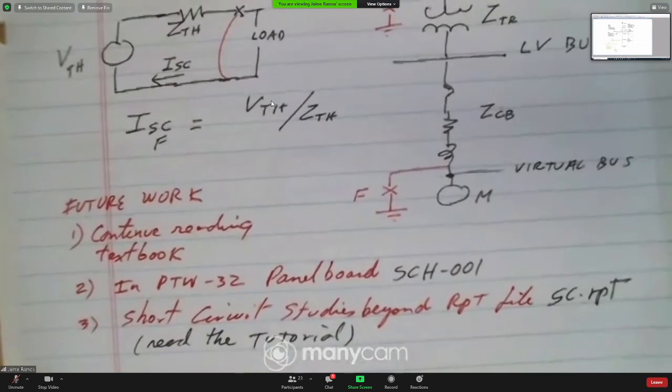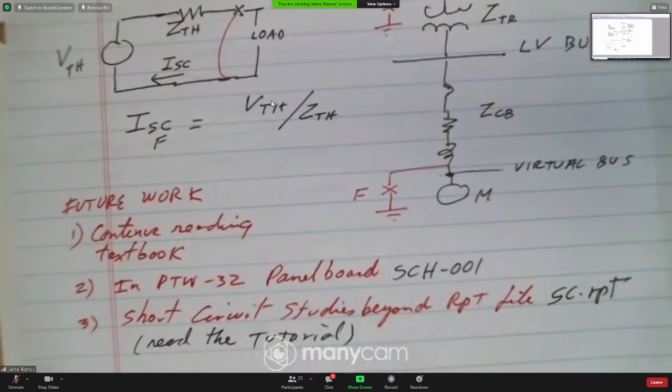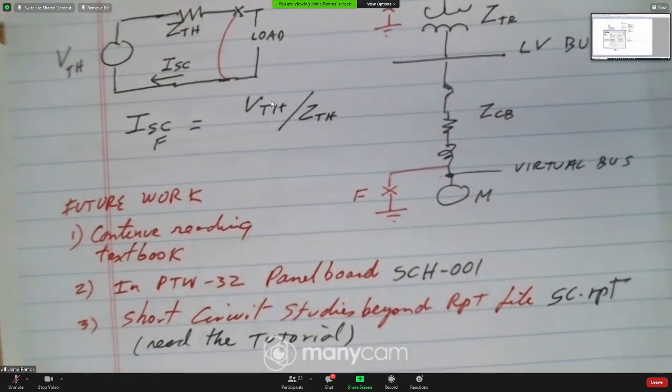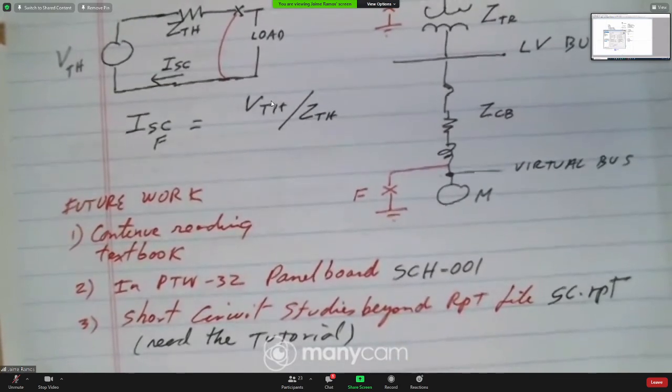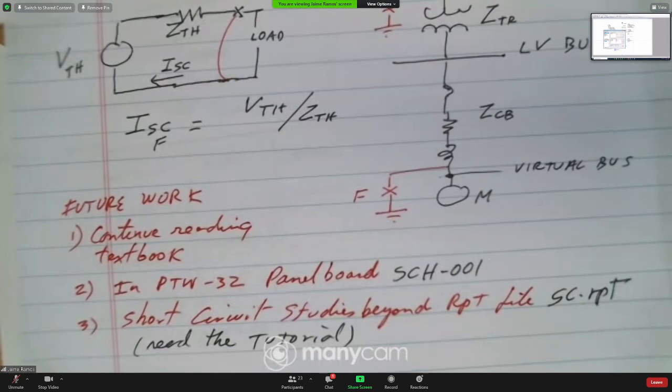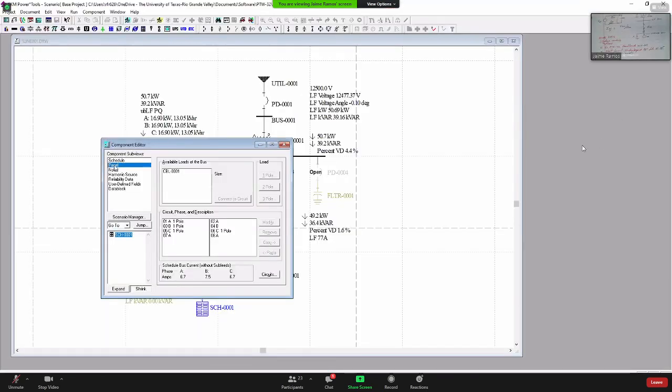Okay, so now look, let me double click here on this. So this is a panel board and it has a schedule. The panel here, look. 01, 02, 03, 04, 05, 06. See, here we have put circuit breakers in each of these panels, 07, 08.